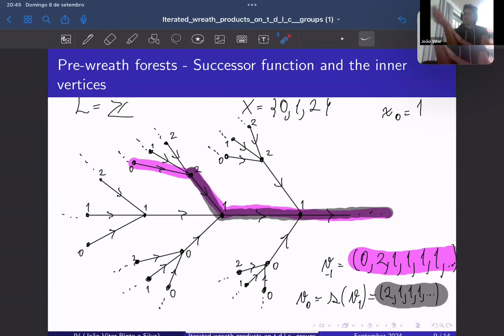I want to be able to do both. So one of the nice things here is that I have the successor function. Here I have my v minus 1, right? That is 0, 2, 1, 1, 1, and so on. The successor of it will be just the function with the same idea, but you erase the minus 1 part of it. So you begin at the horizontal 0 instead.